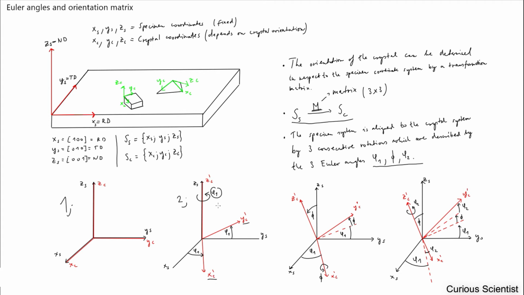And now we jump from here to the third step, where we go to this y-axis. So we go to the x prime c-axis. Here in the third step we rotate around this by a capital Phi angle.